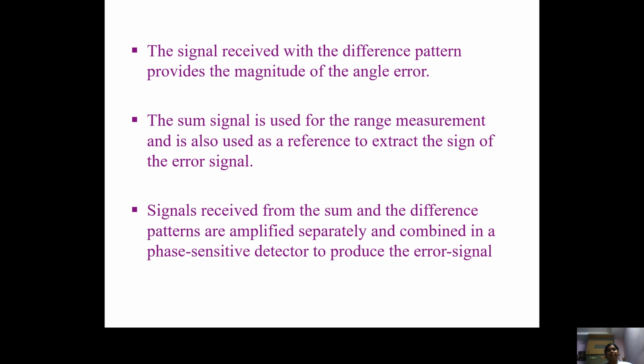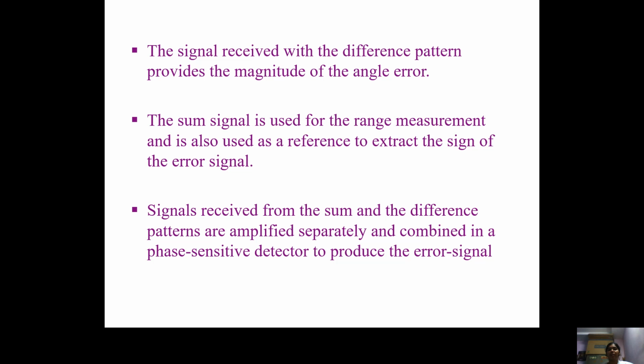The signal received with the difference pattern provides the magnitude of the angular error. Whenever the echo pulse is received with the difference pattern at the receiver and compared in the phase detector, the magnitude of the angular error is generated. The sum signal is used for the range measurement. Along with the transmission, the sum signal in the sum channel acts as a reference to compare the amplitudes of the transmitted and echo signals.